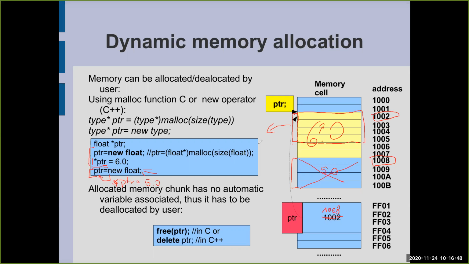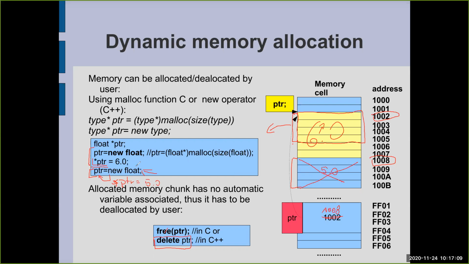So the proper way to allocate memory is that before we override our pointer, we should release the memory. So how to release it? It's enough to use the delete operator.